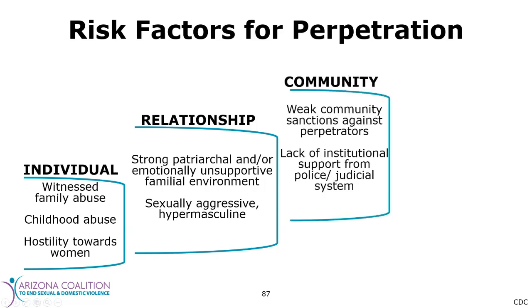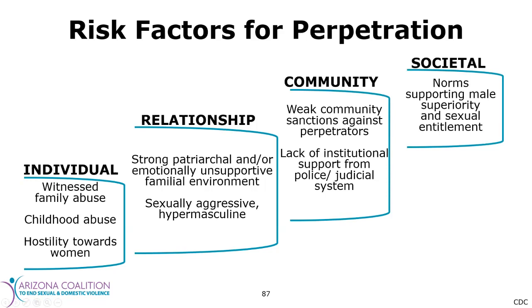In their community, if there are weak sanctions against perpetrators, so they're not held accountable, and also in their justice system, if there's a lack of institutional support to hold folks accountable. And at the societal level, if there are norms that support male superiority and sexual entitlement, right?